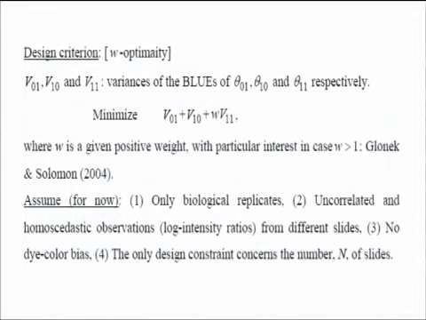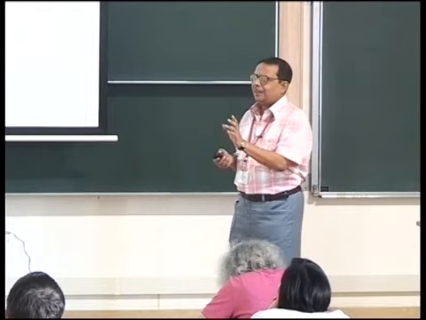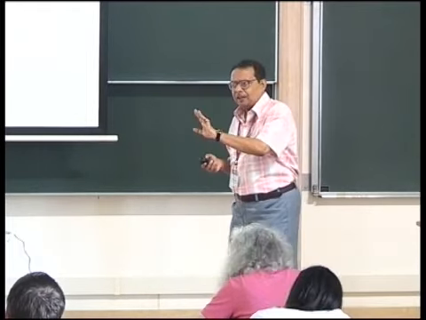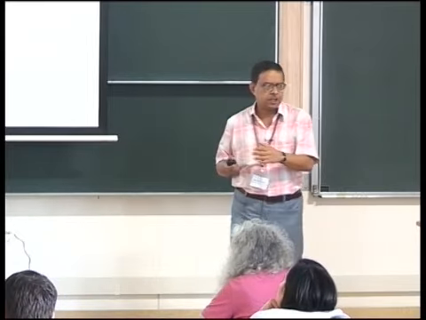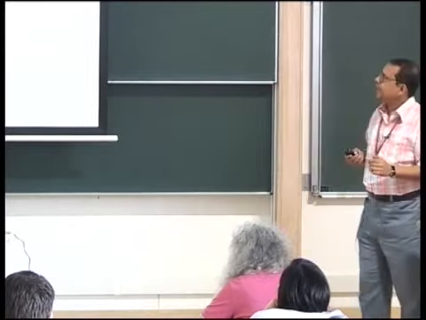Now, what is our design criterion? We think about a W optimality criterion, which is a generalized version of the A optimality. In the notation we describe here, V naught 1 and V 1 naught are the variances of the respective best linear unbiased estimators, and the two main effects are given the same weight, plus W times V 1 1, recognizing that the degree of importance of the interaction may differ from that for the main effects.